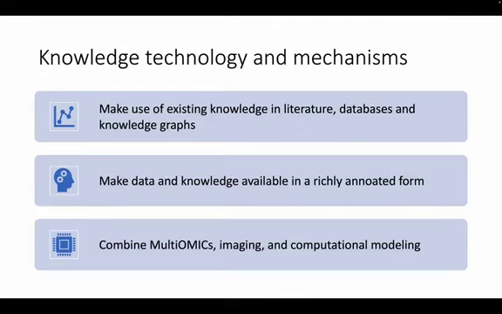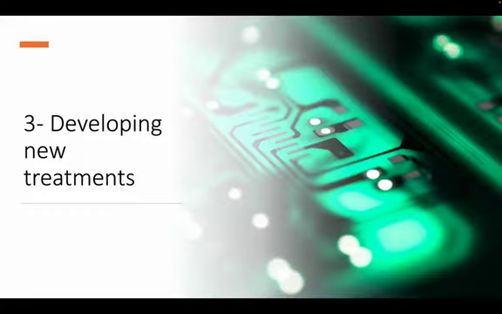So to summarize how to use knowledge, technology and mechanisms to improve the research for Alzheimer's in brain simulation, we can make use of existing knowledge that is available in the literature, in databases, and in existing knowledge graphs. We can make them available in a better and more richly annotated form, and we can combine different data modalities together with computational modeling.